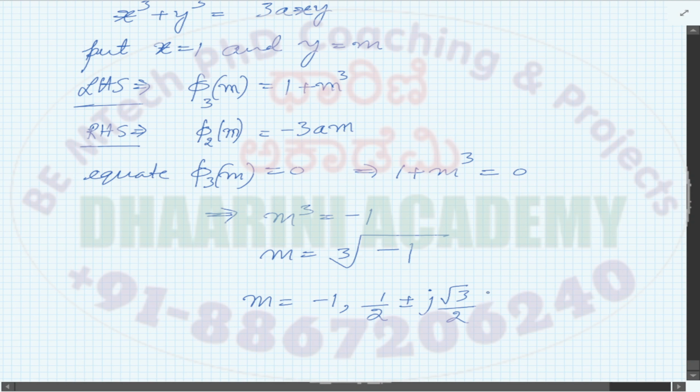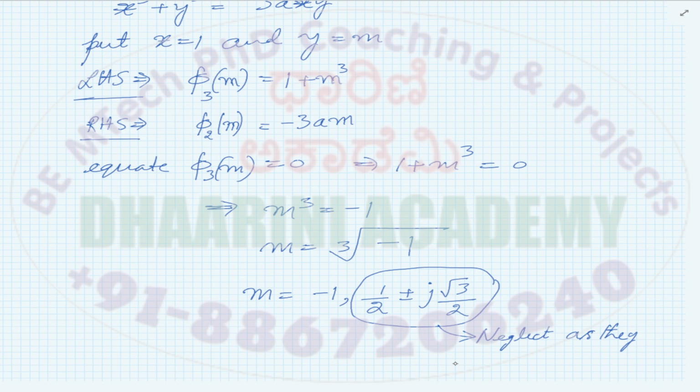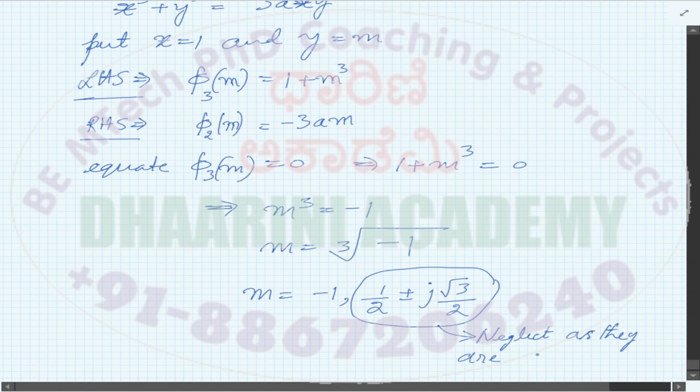In this case, I'm plotting everything in a real graph, so complex roots can be neglected. If you get any root as a complex root, you simply write that it is neglected. So I'll write here: neglect, as they are complex.